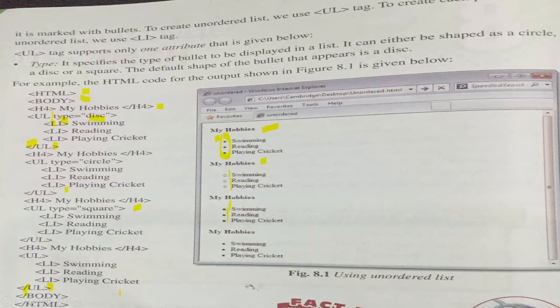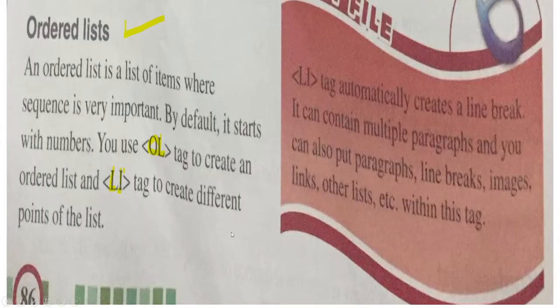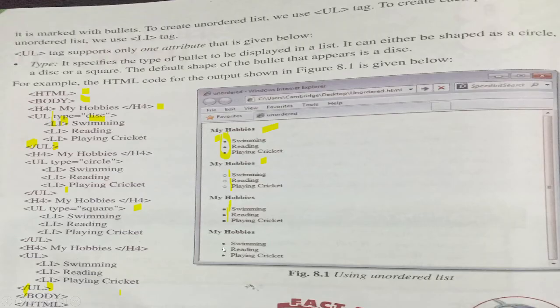So if you omit the type, if you don't put any type, you just use the UL tag, as you can see from the example, the UL tag followed by the list. So it will be a bullet type of list.